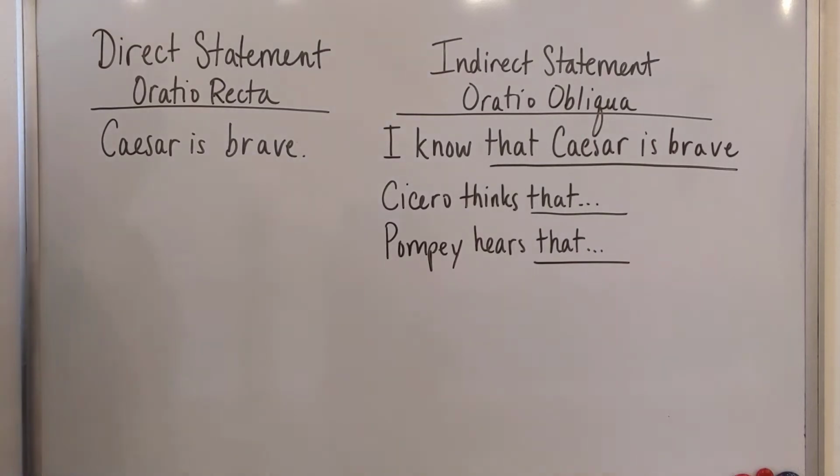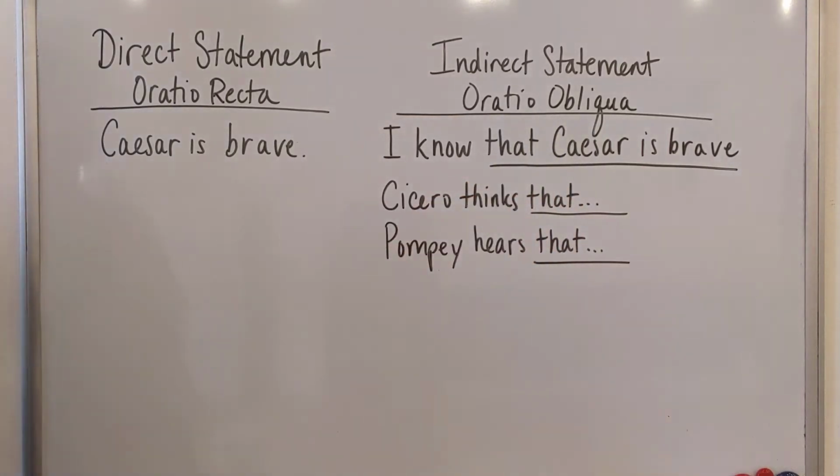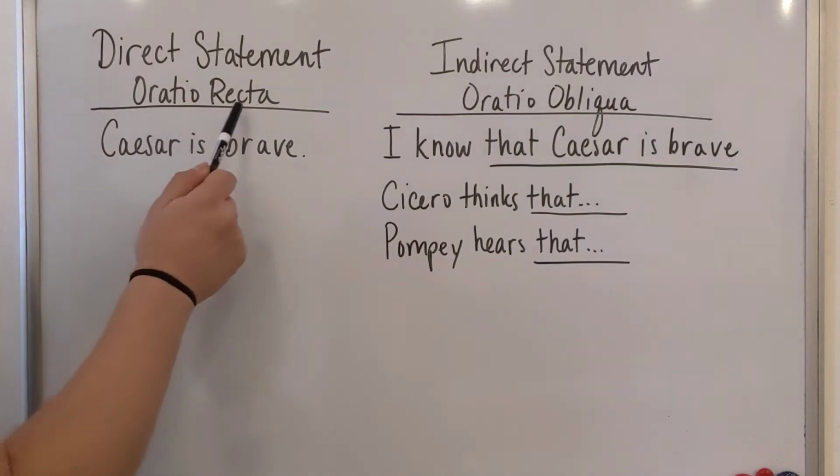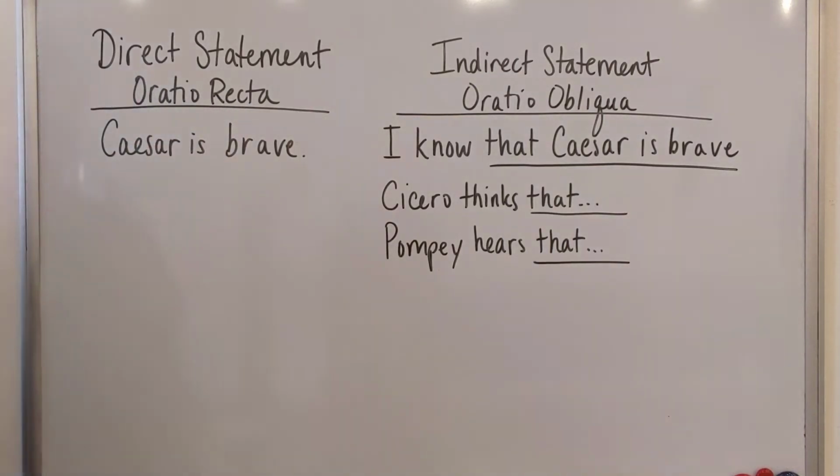Now in Latin, an indirect statement is called oratio obliqua, oblique speech, meaning roundabout speech. Whereas a direct statement is oratio recta. You can see rect as part of direct. Direct speech, straightforward, right speech.